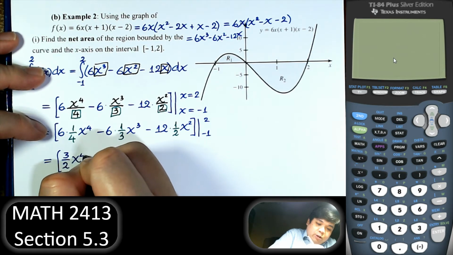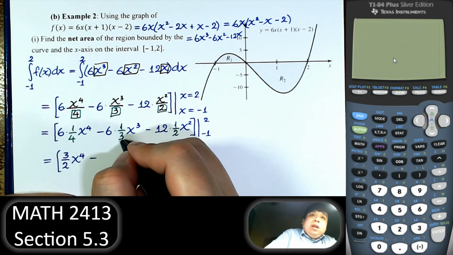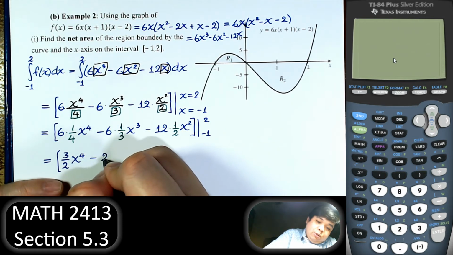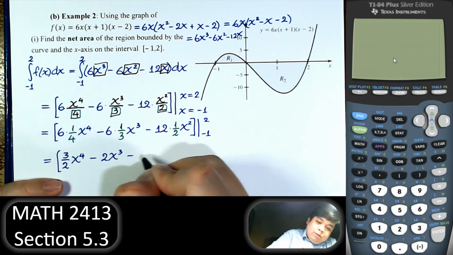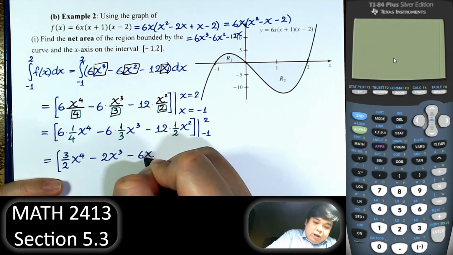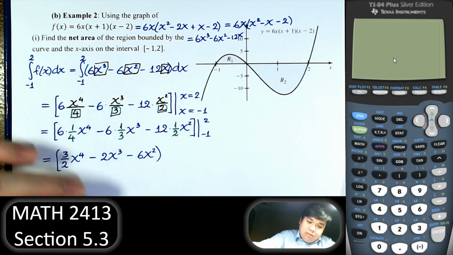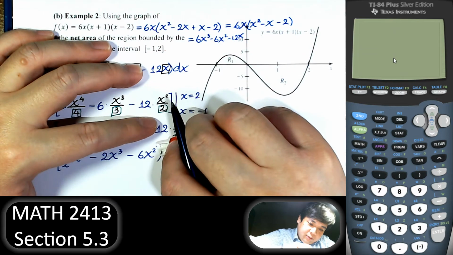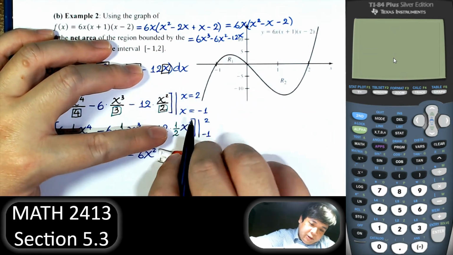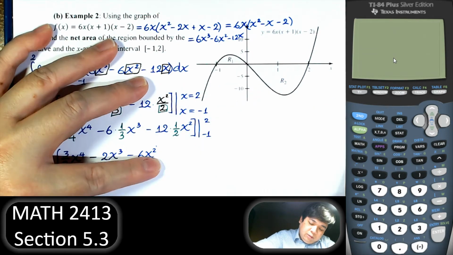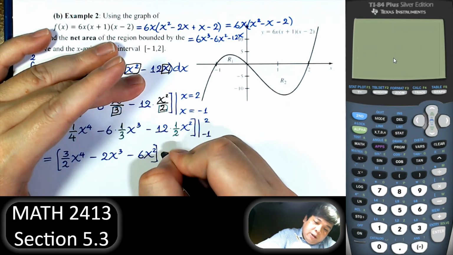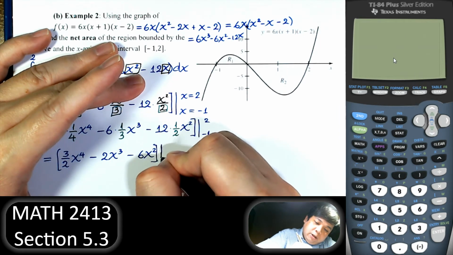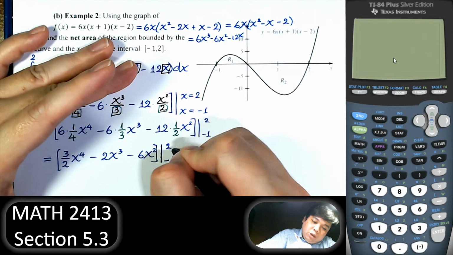x to the 4th minus 2x cubed minus 6x squared, going from -1 to 2.